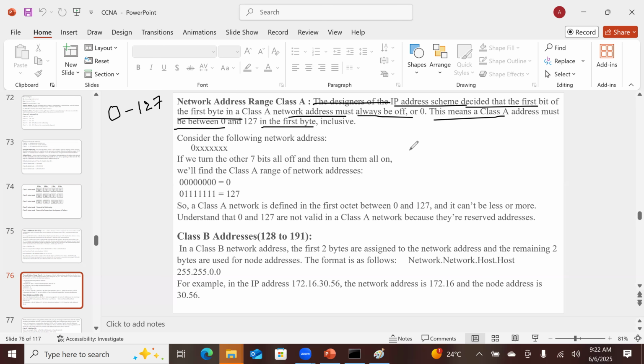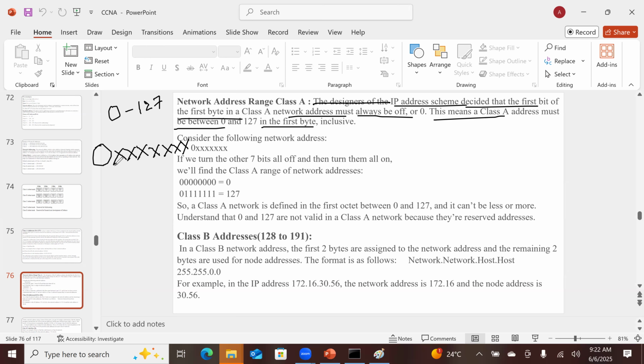In that first octet, the first bit is always kept as 0 and the remaining bits are variable. Variable means they can be either 0 or 1.